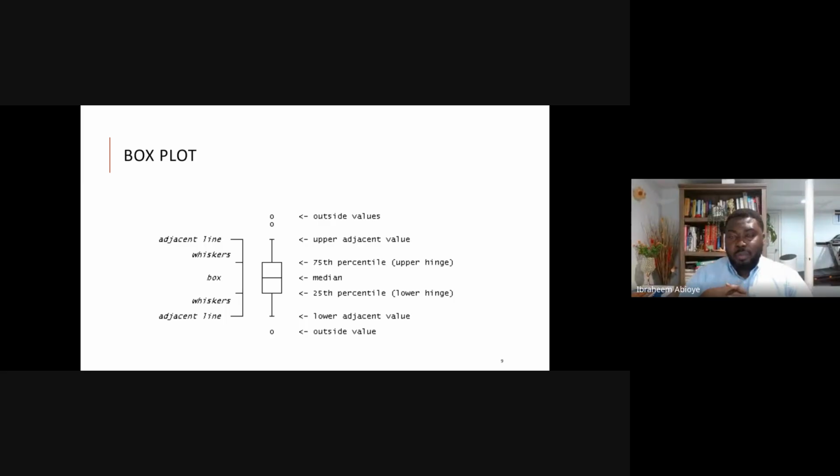We said that the range is the difference between the minimum value and the maximum value. And for the percentile, we said that if you assume there are 100 observations in the data set and you rank them from the largest to the smallest, you can find the value that has 25% of the observations below it as the 25th percentile, and the one that has 75% of the observations below it as the 75th percentile.